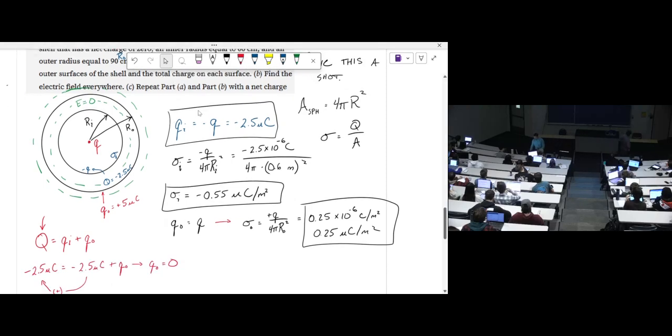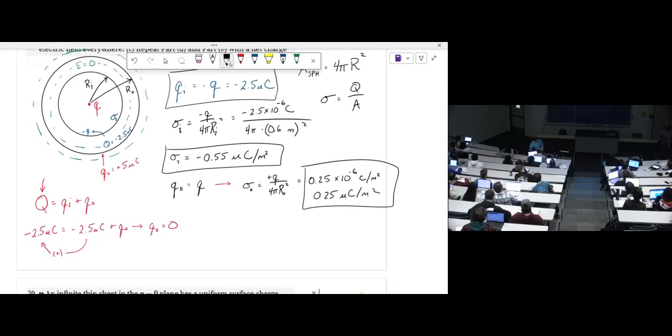So what we want to do is find E, subject to R less than R inner, then R inner less than R less than the outer wall, and then R outer less than R. We want to find it for each of those 3 regions.